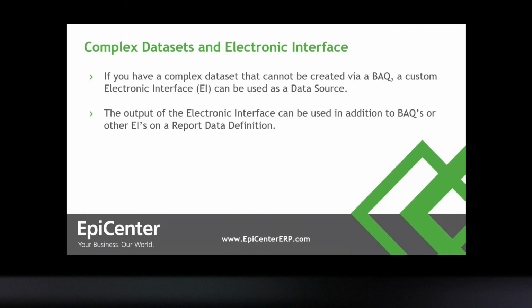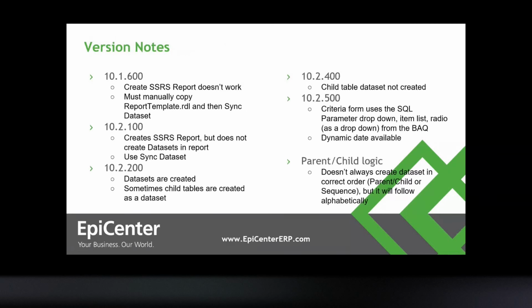And then just a couple other notes that I had. I made a comment before that 10.16 would not create the SSRS, so you have to manually create the reports. 10.2.100 didn't actually create the data sets. It would create the report, but not the data sets.